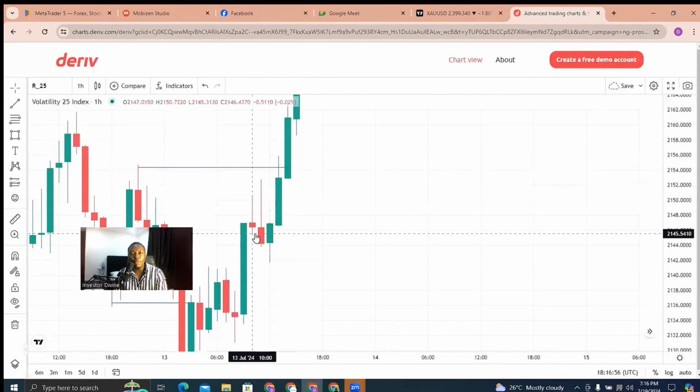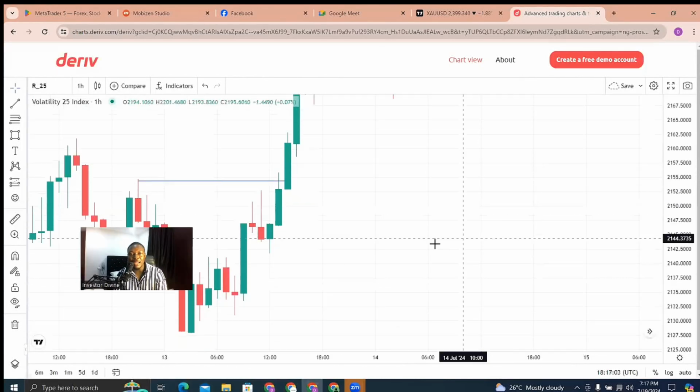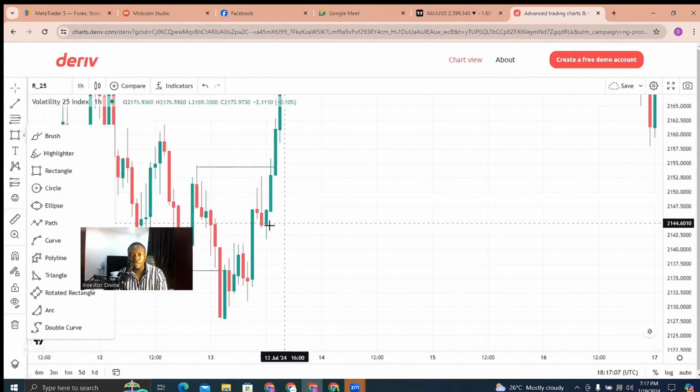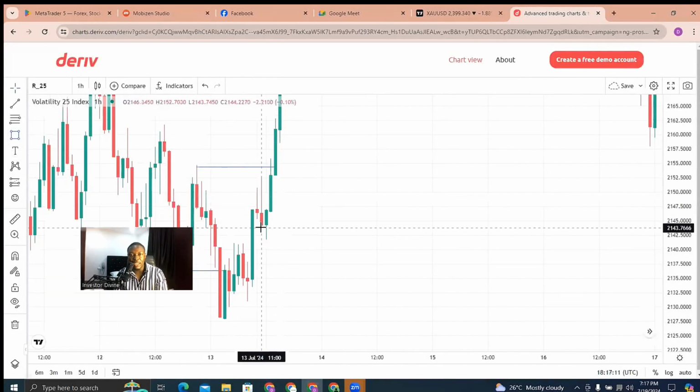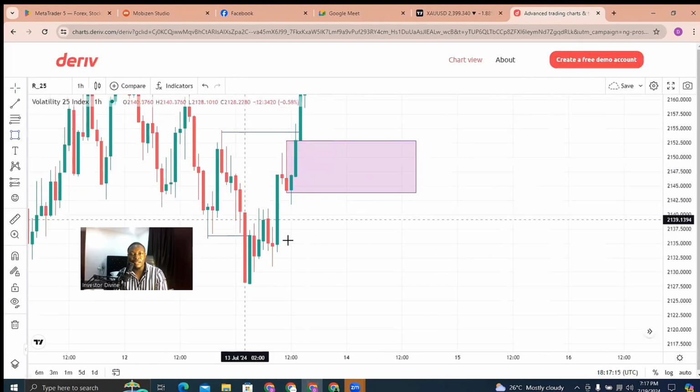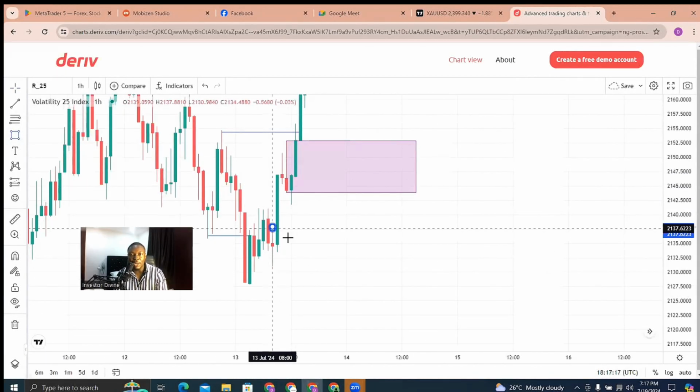But we are not going to mark here as our entry point. You can mark here as an order block, right? You can actually mark this sell candle here as an order block. And we can mark this, our main sell candle, as our order block.